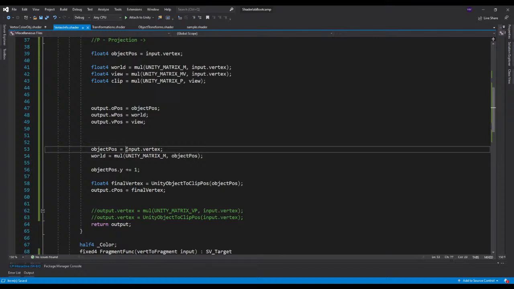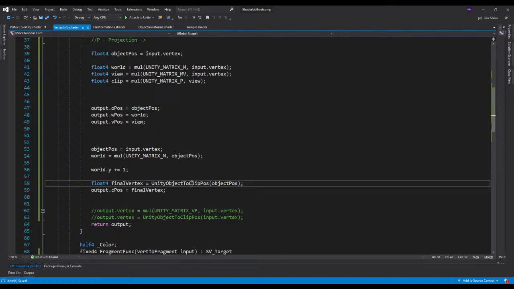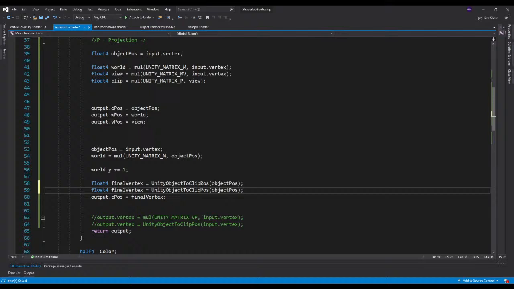Whatever object position we're getting as input multiplied by the world, convert this world to +1, and provide this here. But instead of providing it directly here, we don't need to multiply it by the world again, because this is MVP. What we need to do is multiply this by the view and projection. This is your final.